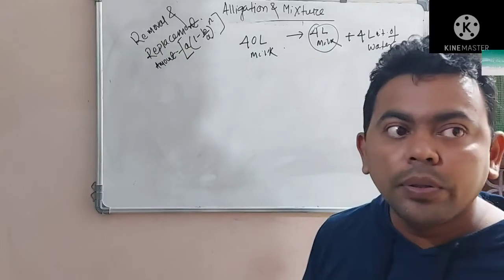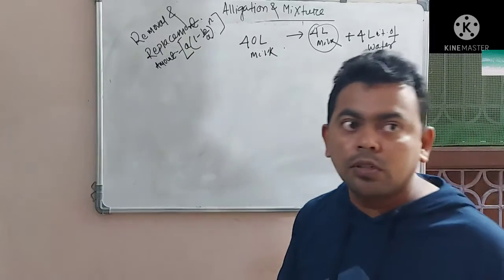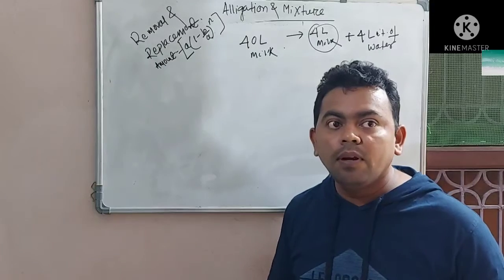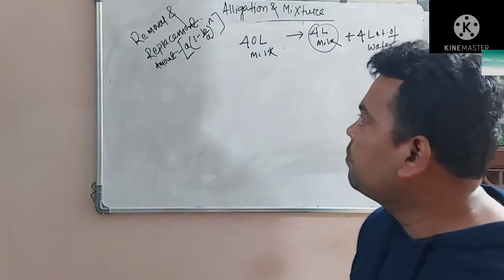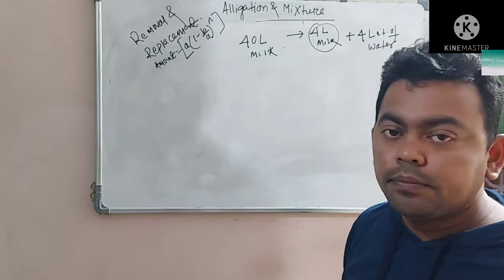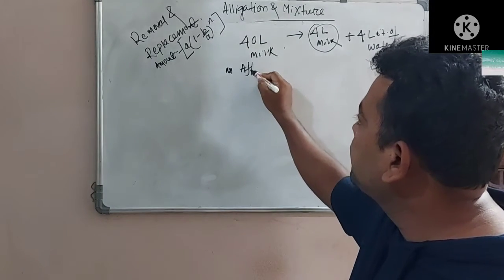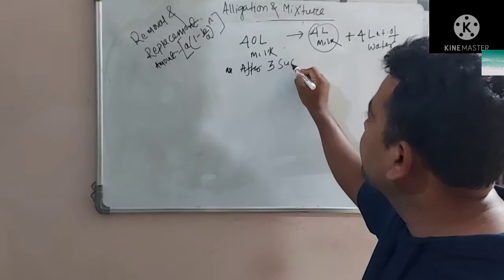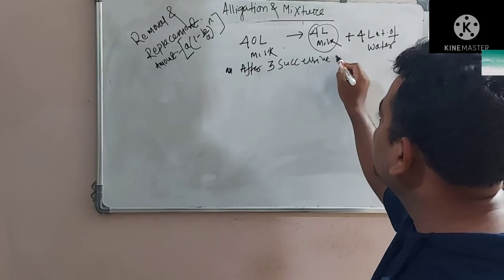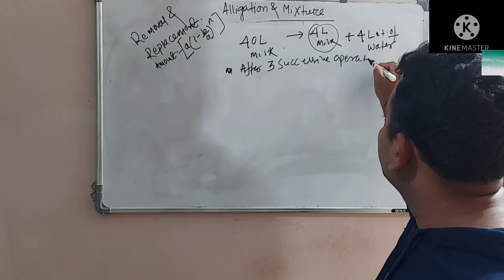So after 3 successive operations, what will be the quantity of milk?